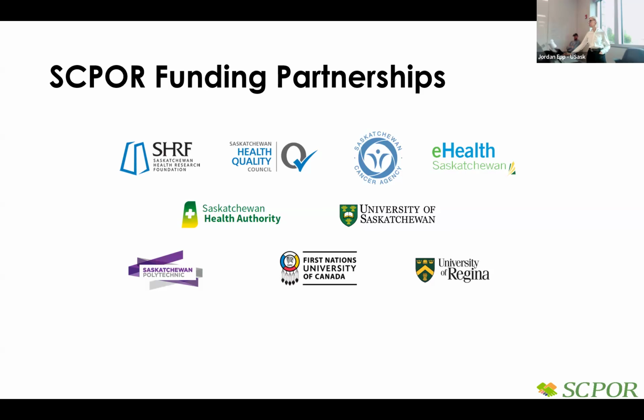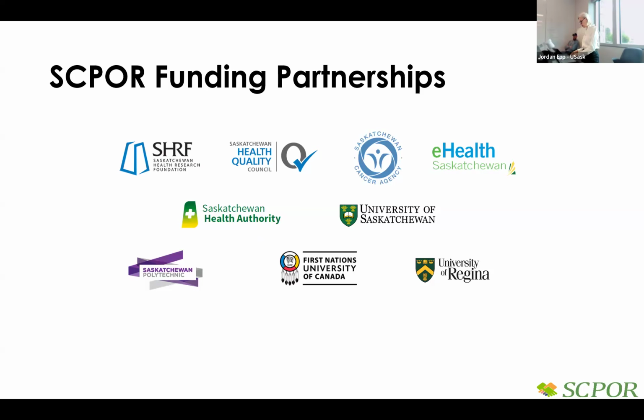So the first grant was about $64 million, and the second one was well over 30. And so our partners, and I need to acknowledge them, are SHRF, which is the Saskatchewan Health Research Foundation, Health Quality Council, the Saskatchewan Cancer Agency, eHealth, Health Authority, USask, SaskPoly, First Nations University, and U of R.